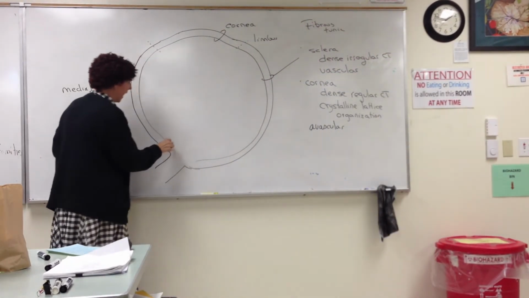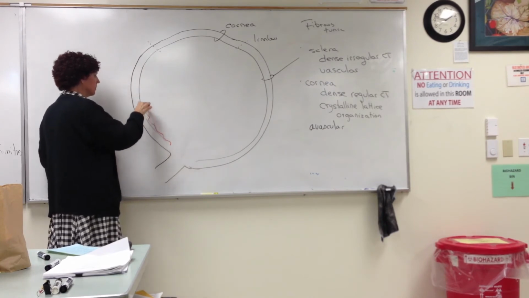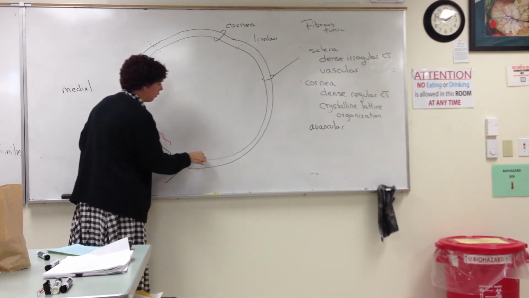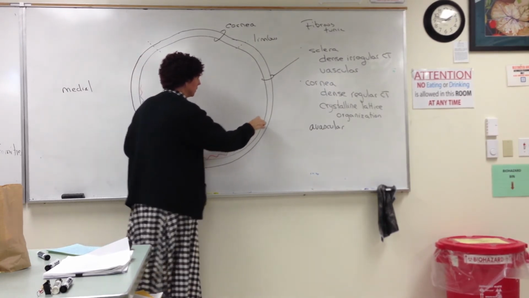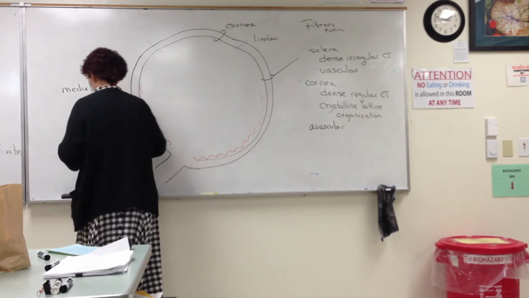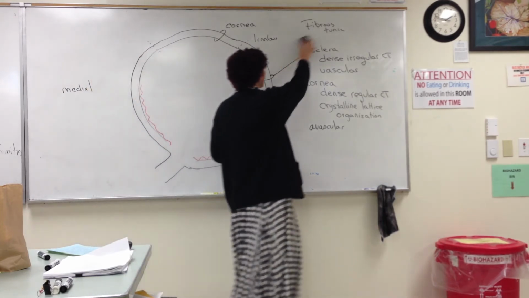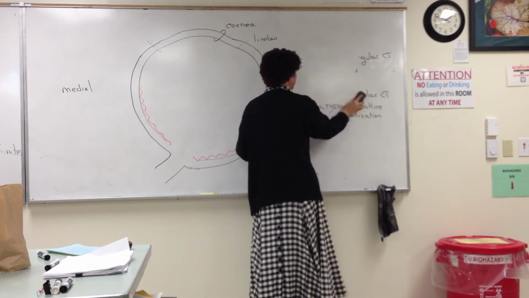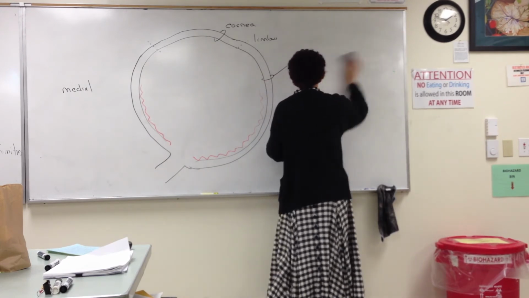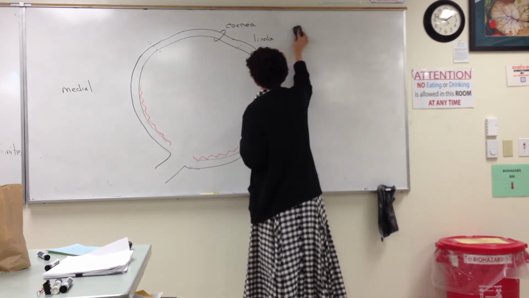So there is a vascular layer called the choroid. There are additional blood vessels in the retina, all right, but this is just a specialized vascular layer.